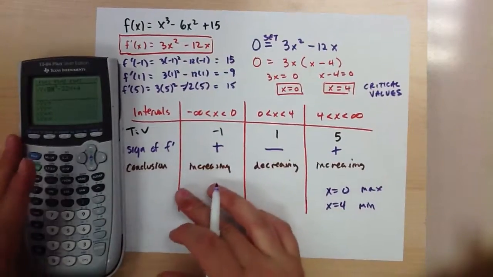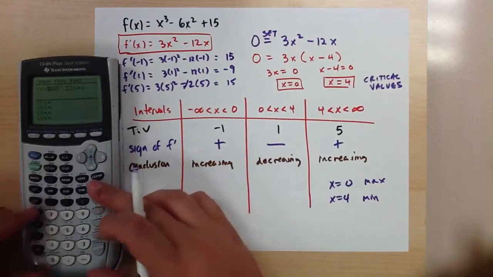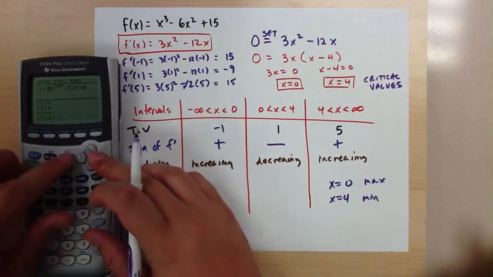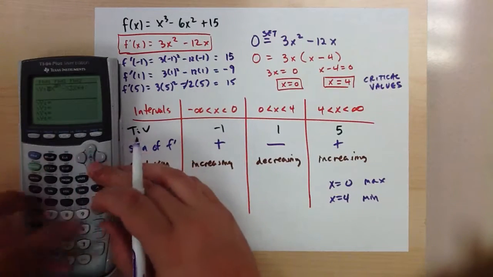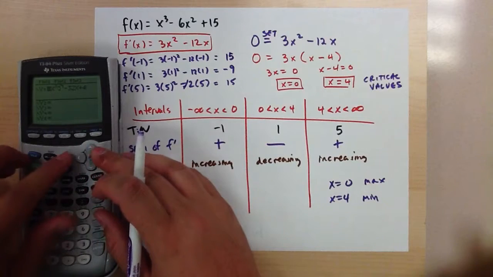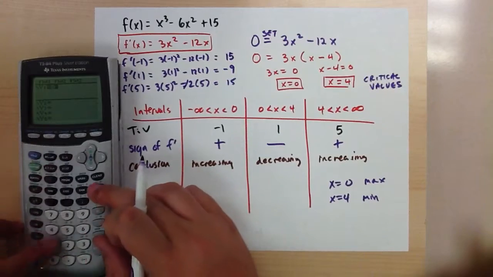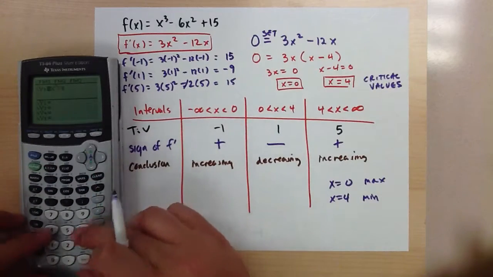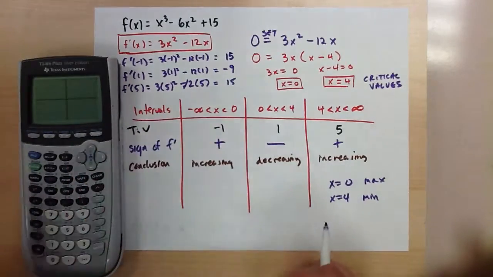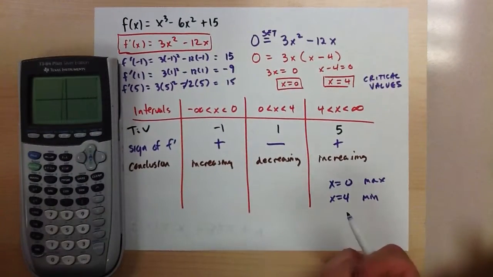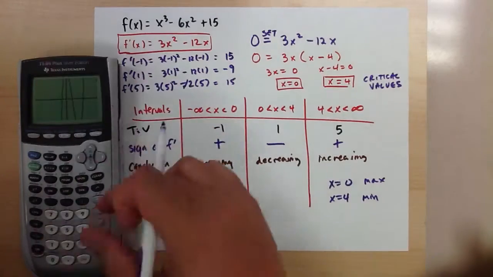So let's take a look at the original function. I'm not going to put in the derivative, I'm putting in the original function. Just looking at the graph here, big wide graph.